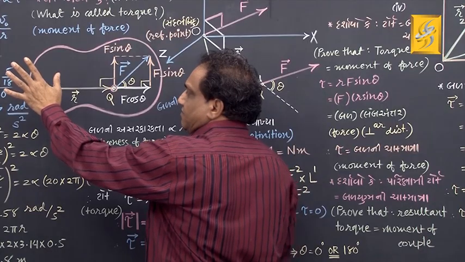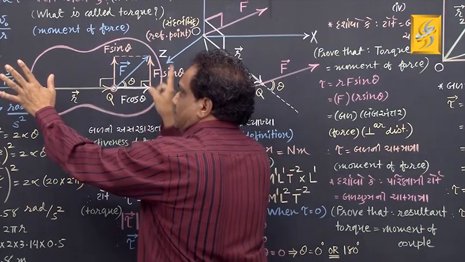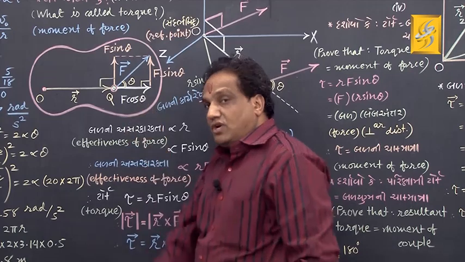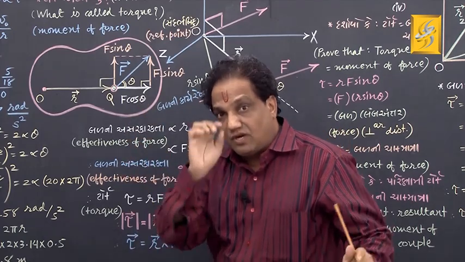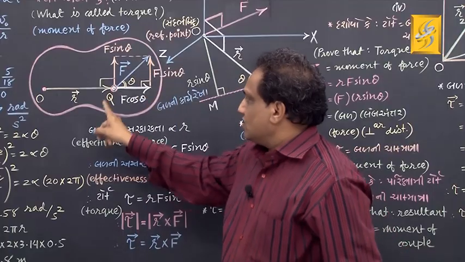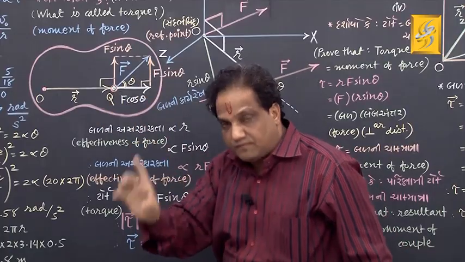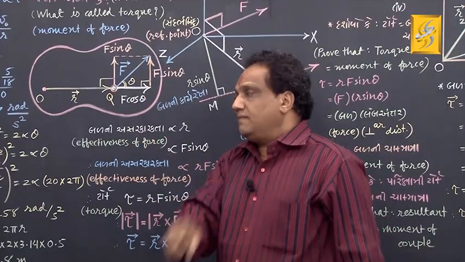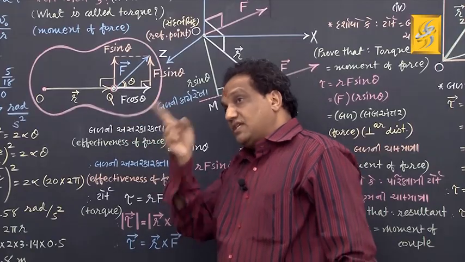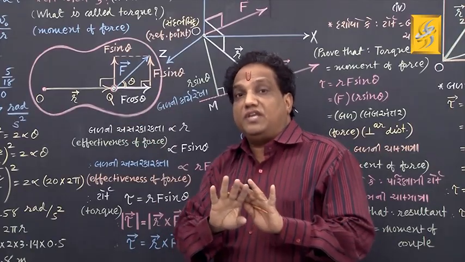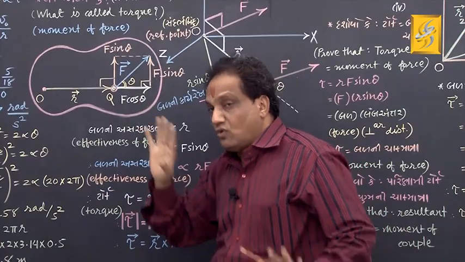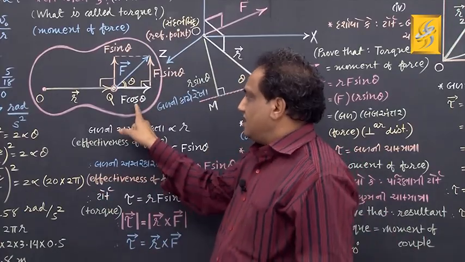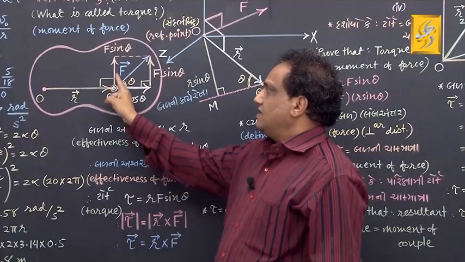But tell me, how is this body? This is a rigid body. In a rigid body, relative positions of various constituent particles remain invariant. So this particle is not going to displace. That is why I say that this force, though it is exerted, will not produce any effect. It is not responsible for rotational motion.